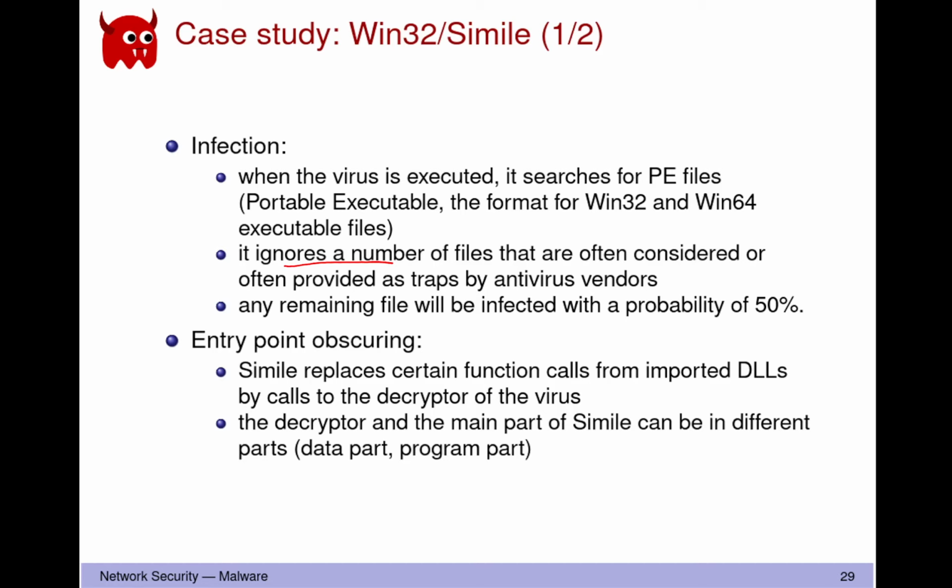potentially traps for viruses. Traps by antivirus vendors or antivirus companies are sometimes called honey traps or honeypots, that attract the flies or the bees. I'm not really sure what kind of animal you attract with honey that's considered malicious. Honeypot, not pot.